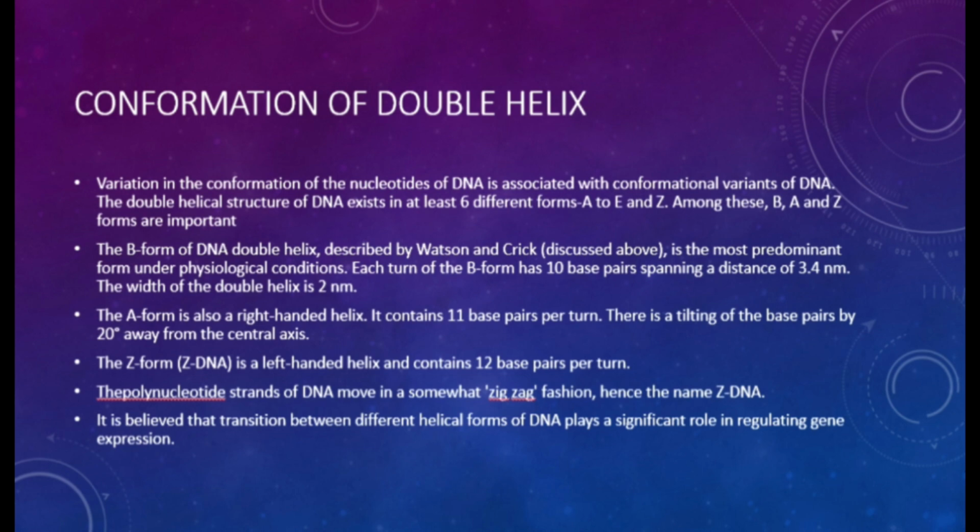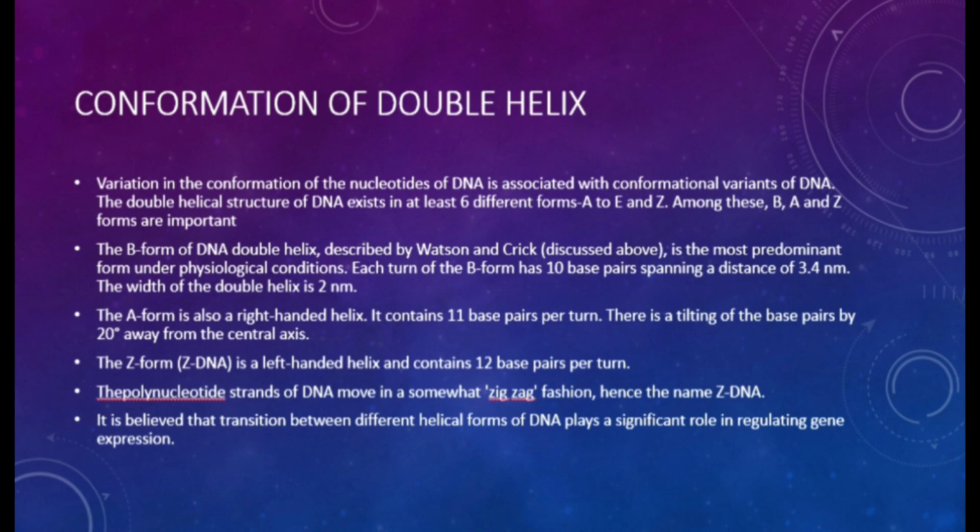The B form, as we already discussed, has 10 base pairs spanning a distance of 3.4 nm with a width of 2 nm. The A form is also a right-handed helix such as the B form, but it contains 11 base pairs per turn, and there is a slight tilting of the base pairs by 20 degrees away from the central axis. The Z form is a left-handed helix and contains 12 base pairs per turn.